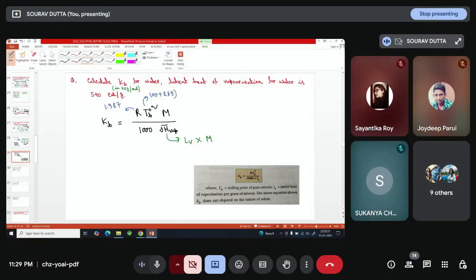Okay, M is the molar mass of water, সবাই জানে 18 গ্রাম per mole. Latent heat of vaporization is given to you 540 calorie per gram. M টা কেটে যাবে, M will be cancelled out basically. So all are given to you, you will easily calculate the Kb value.